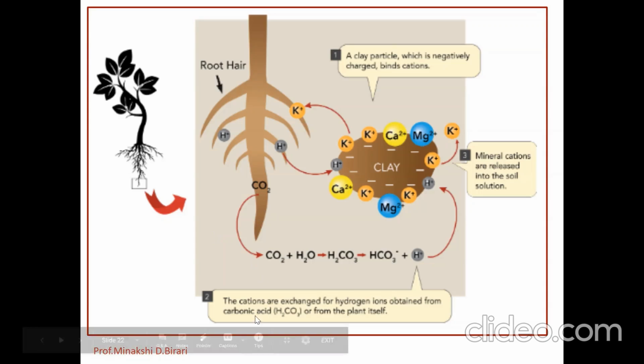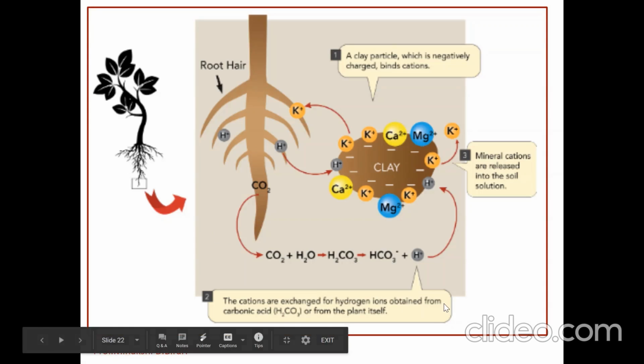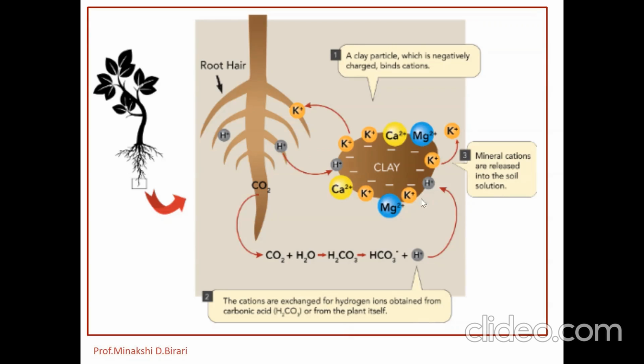The cations are exchanged for hydrogen ions obtained from carbonic acid or from the plant itself, and the mineral cations are released into the soil solution. So these two theories are helpful to explain the absorption of nutrients by plants.